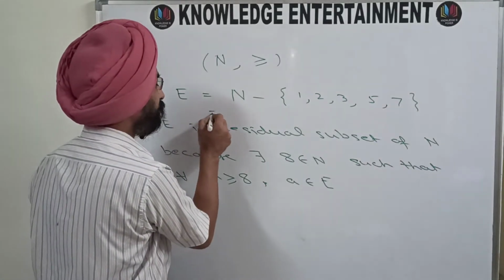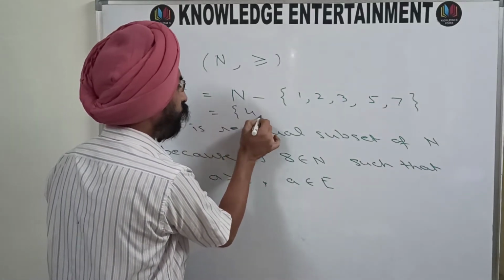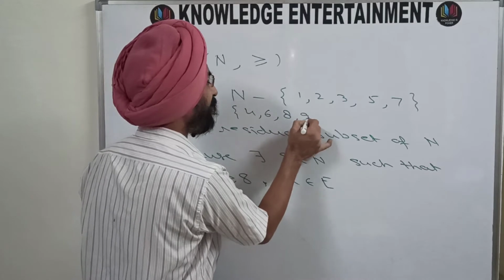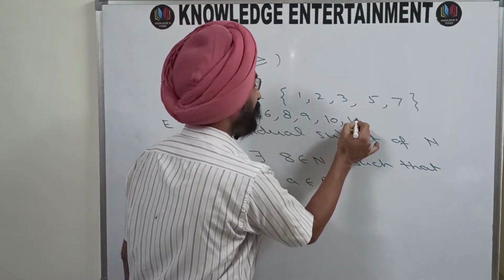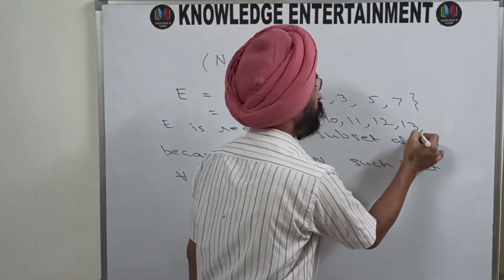So what are the members of E? These are 4, 6, and then every element from 8 onward. So this is your E.